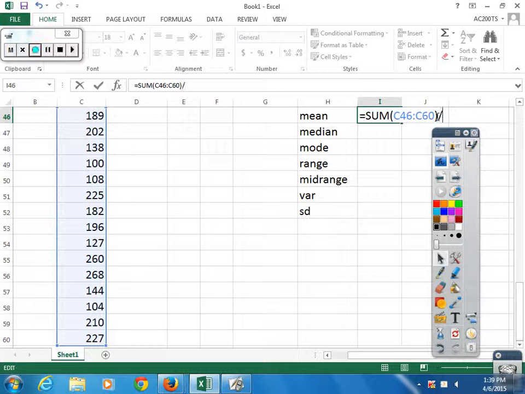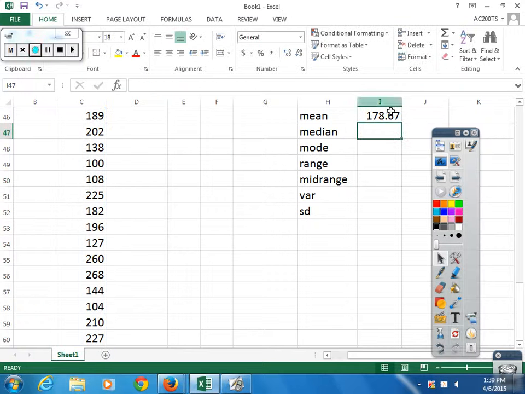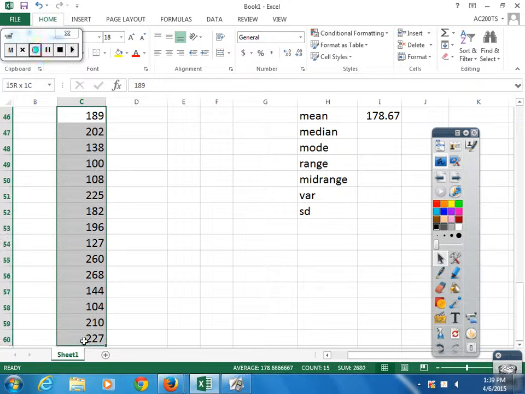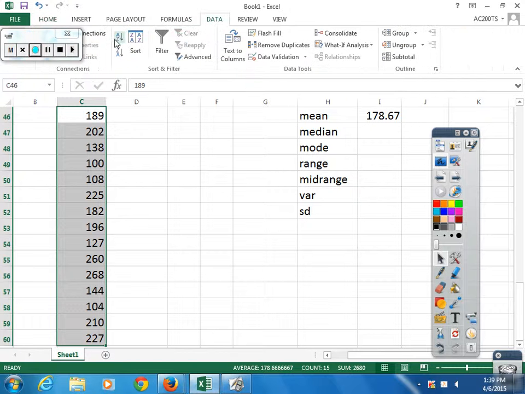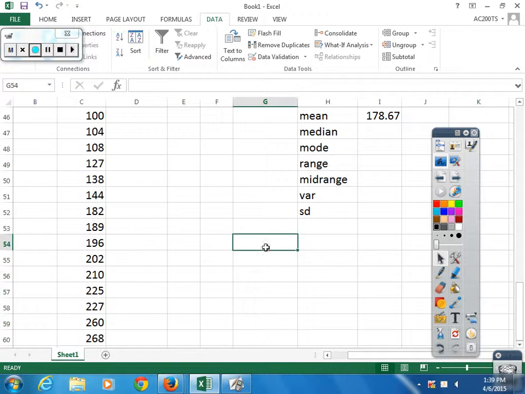All right, for the mean, I got 178.67. Median is 15, so that means 7 down. 1, 2, 3, 4, 5, 6, 7. 189 is our median.